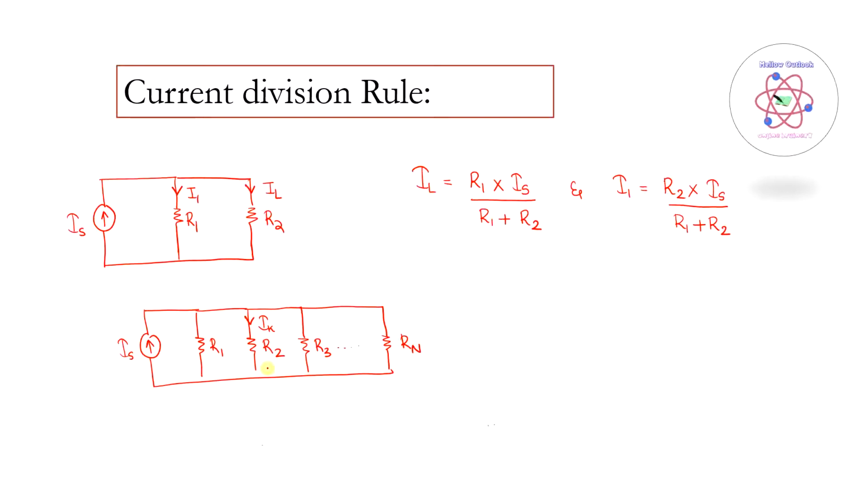Then I can write the generalized equation as IK will be equal to 1 by RK, that is the total resistance of the opposite branch, multiplied with the source current, divided by all the resistances that are connected in parallel.